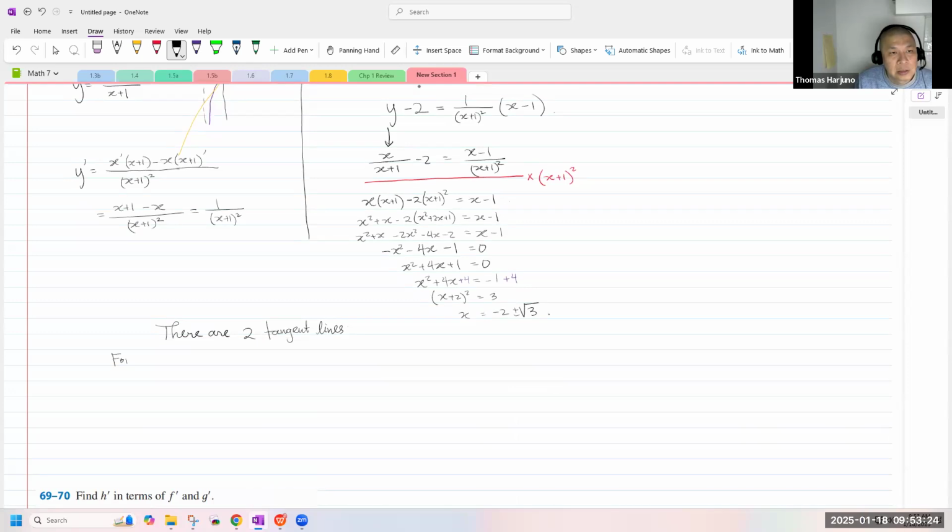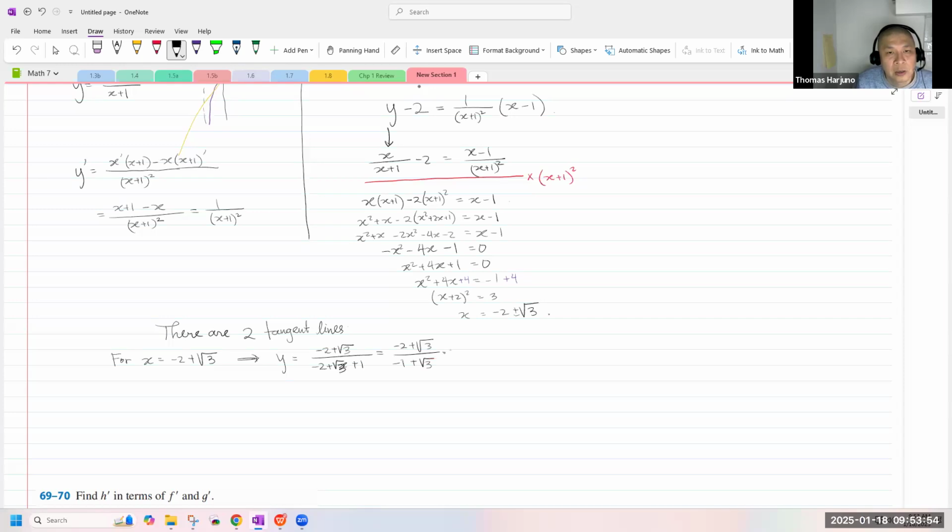For x equals negative 2 plus radical 3, I know that's so ugly, huh? The y will be, the y is x over x plus 1, right? So this is negative 2 plus radical 3 over negative 1 plus radical 3.